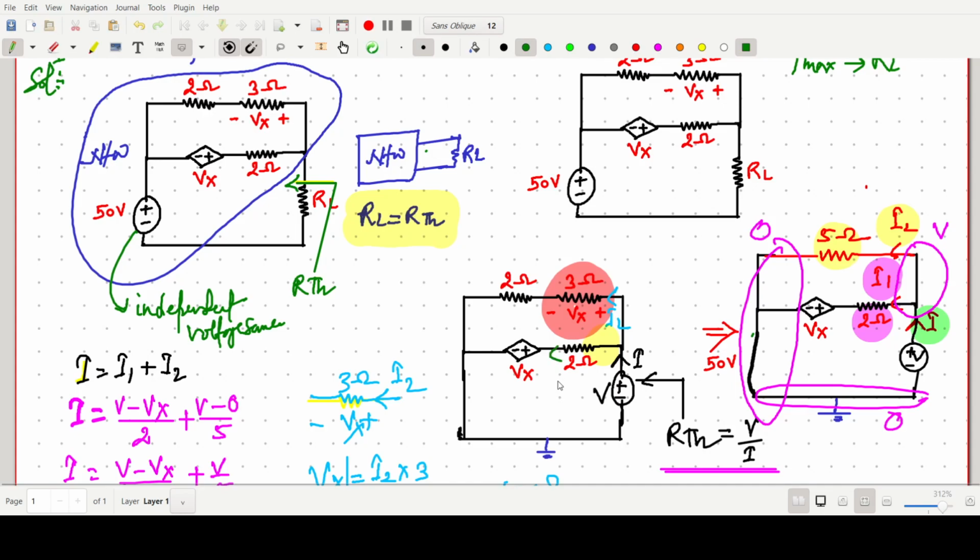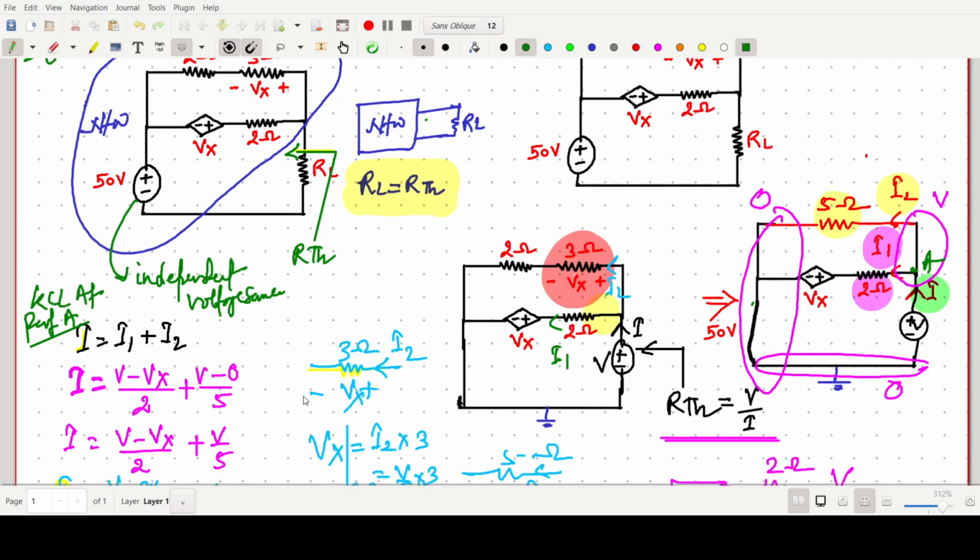So you have to find I1, I2, everything, and then write KCL at point A. Then again Vx is unknown, so for this a relation is given. The I value is known to us, the total current in the circuit. So Vx we can easily find as 3V by 5.